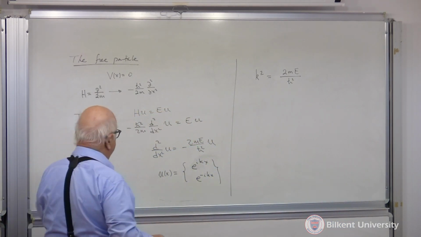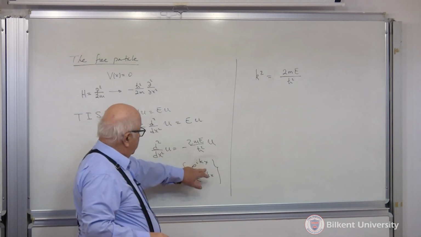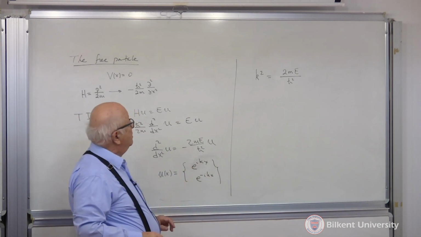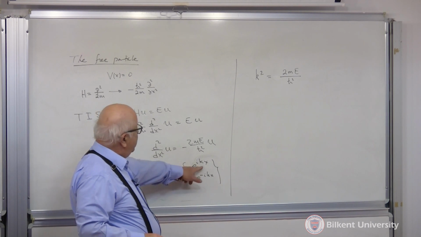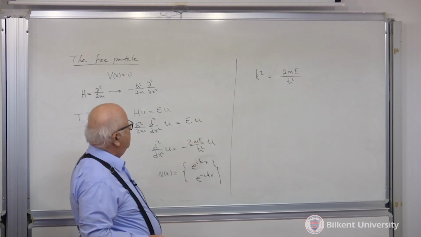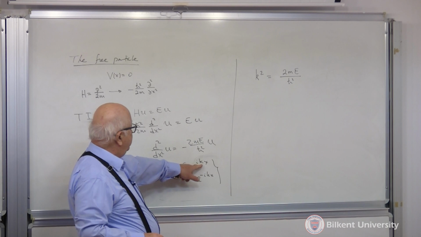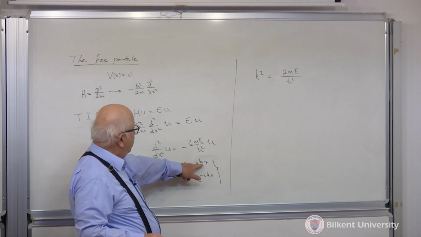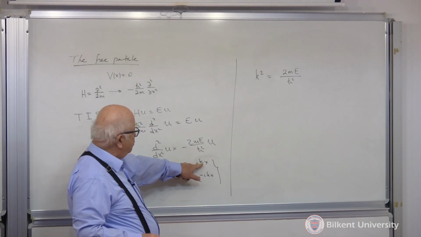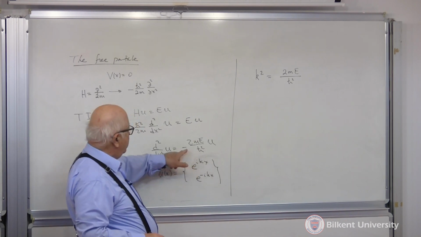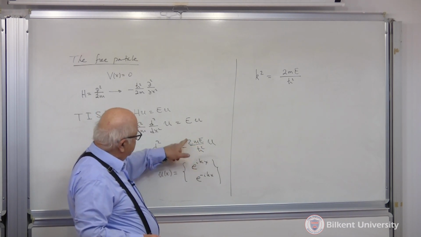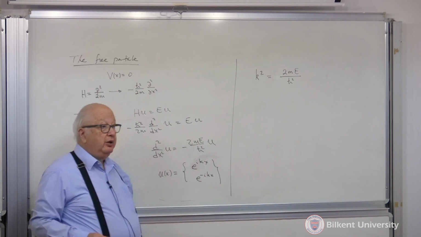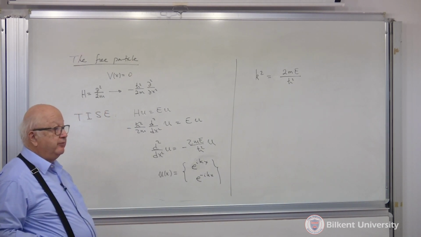So I'm going to get a form like this with k equal to that. Okay, because when I differentiate twice with respect to x, it's going to bring down a minus k squared. So the k squared part must be equal to 2mE over h bar squared. Okay?